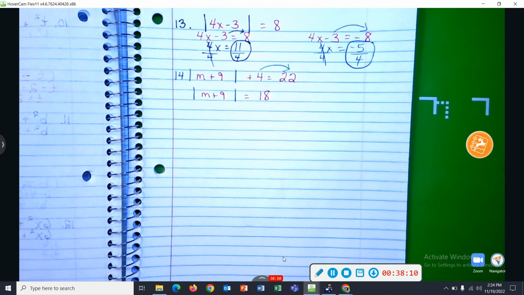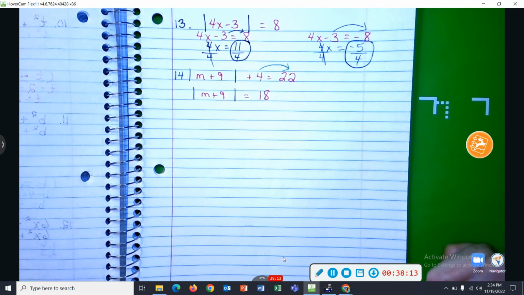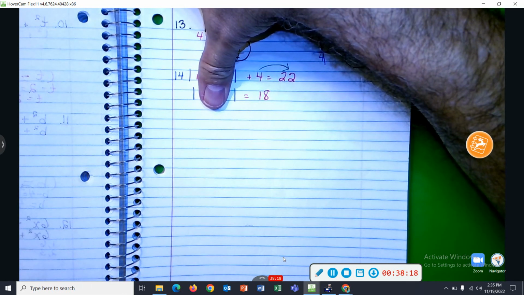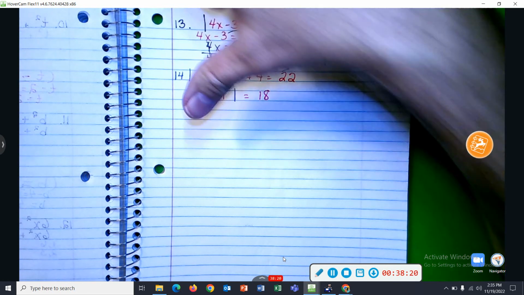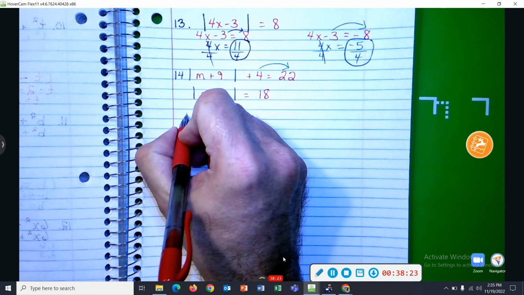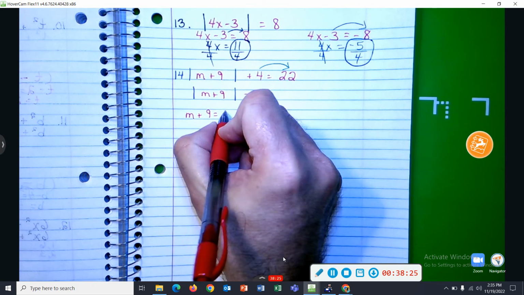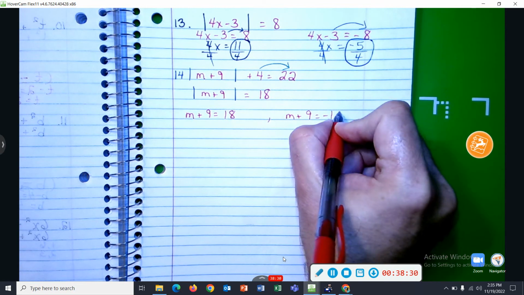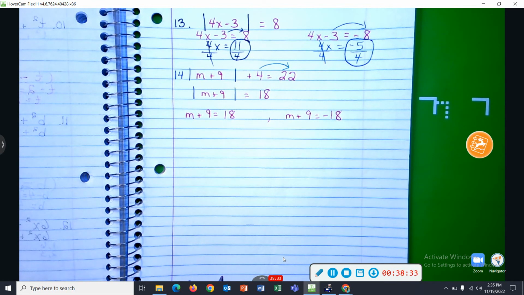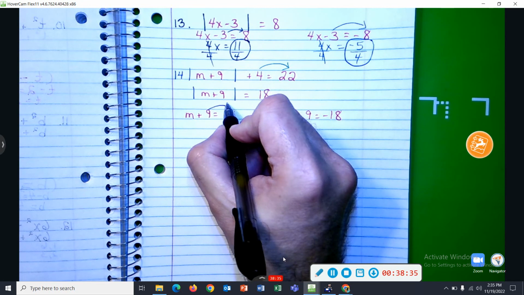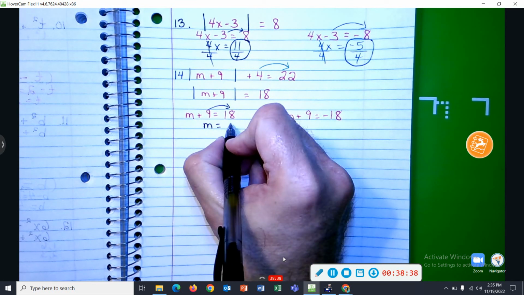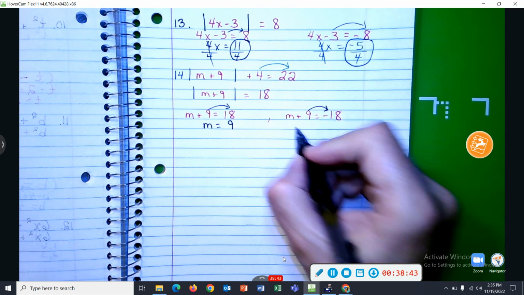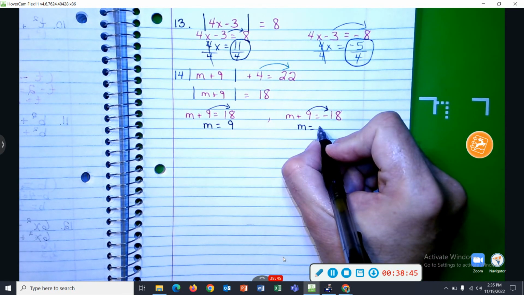Now it's very much like number 13. You use the same logic. The only number that can be inside those absolute value bars is either 18 or negative 18. So you solve the equation, m plus 9 equals 18, m plus 9 equals negative 18. So let's see, move that 9. 18 minus 9 is 9, so there's one answer. Subtracting the 9.